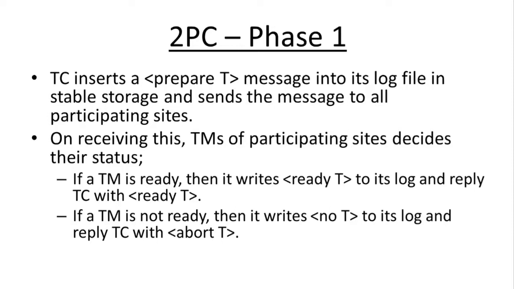Assume that a request comes to site 1 and site 1's transaction coordinator is responsible for handling this particular transaction. So it is going to write a prepare T message into its log file in stable storage. This process is carried out to take care of failures.